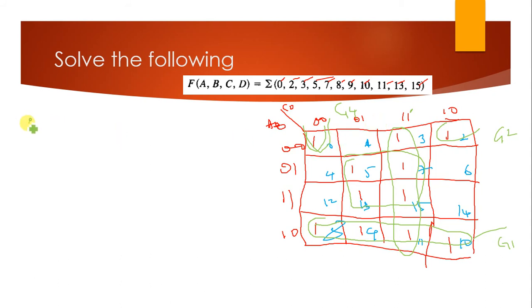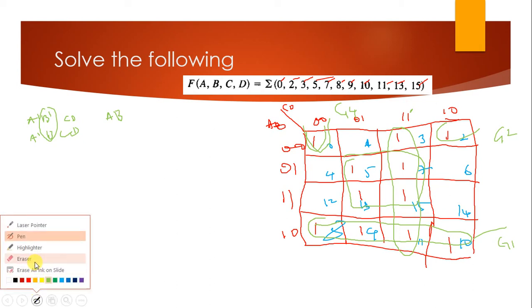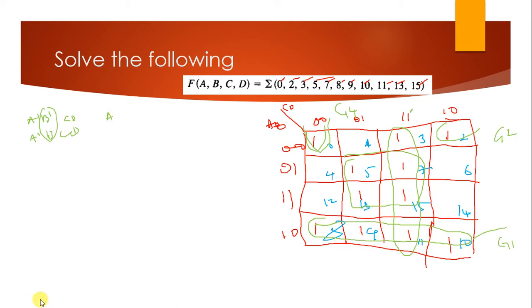First combination is A dash B dash CD, which has been changed to A dash B CD. B has to be eliminated, that is A dash CD, plus the next combination is between these two, that is 0, 1 and 1, 1.